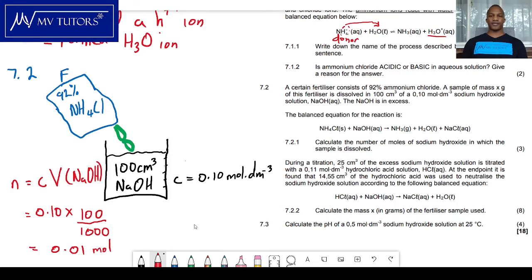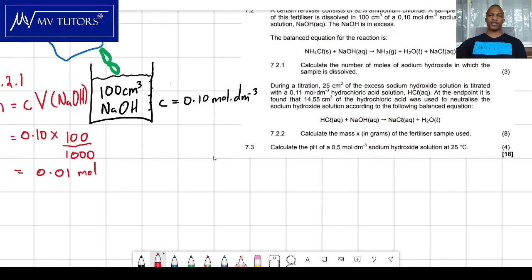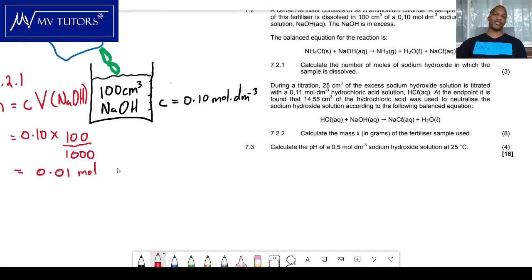That's it. Okay, so it says during a titration, 25 centimeter cube of excess sodium hydroxide solution is titrated with 0.11 mole per decimeter cubed of hydrochloric acid solution. So remember that sodium hydroxide is a base, so you titrate it with what?